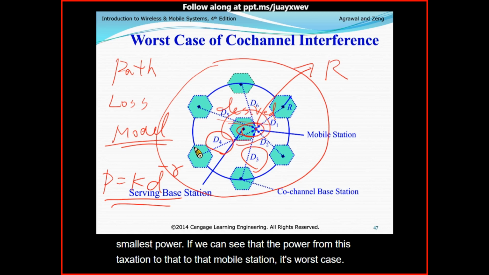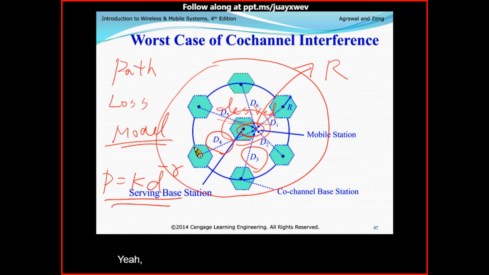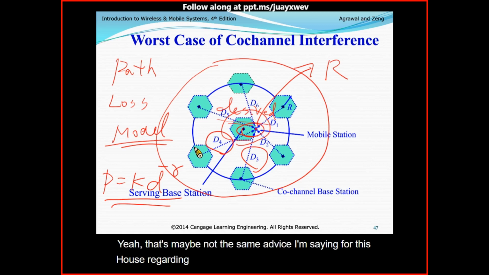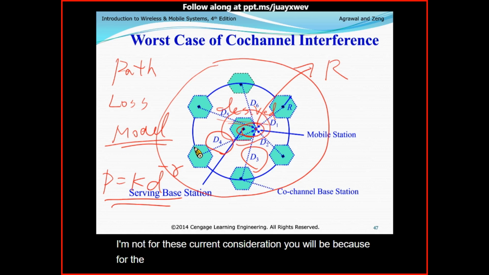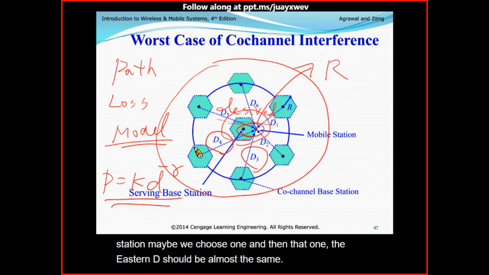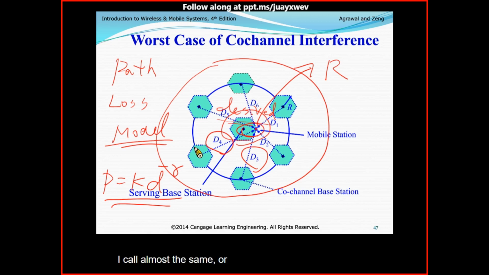Maybe not the same about SIR, but the same for this power regarding this one. But maybe sometimes for this current consideration it will be the same, because for the other base stations, maybe we choose one and then that one, the distance D should be almost the same, or maybe they are the same.